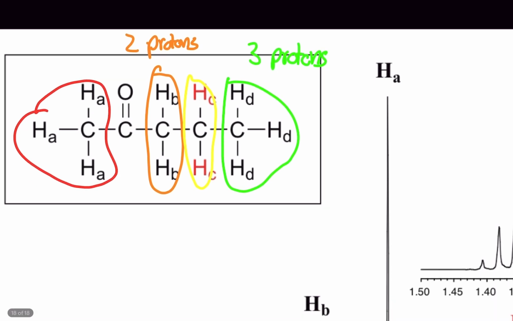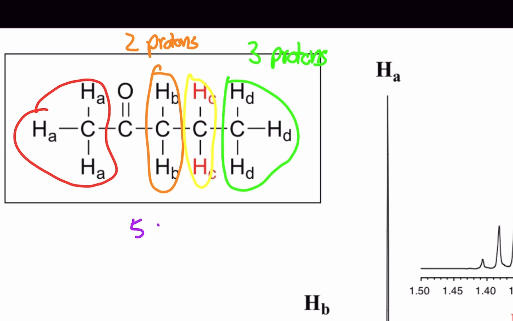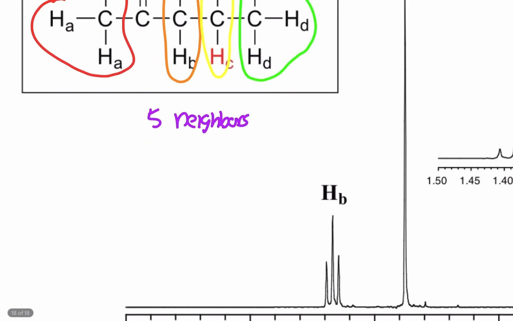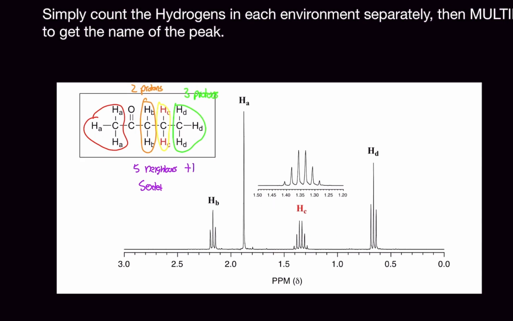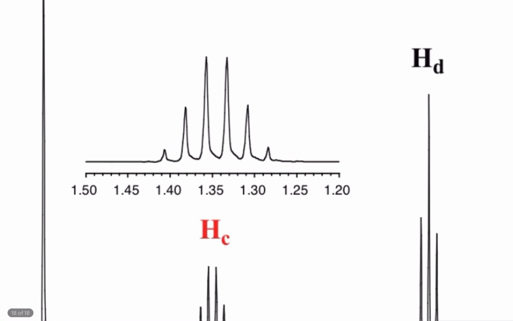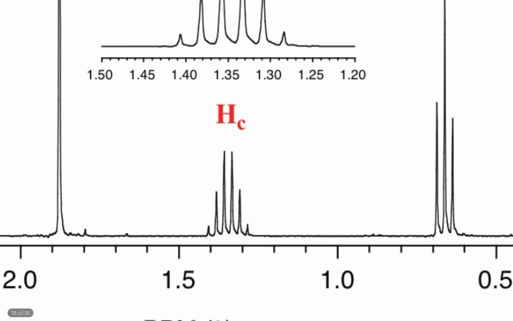And since we add 1 to that, that is a sextet. So we have 5 neighbors. This is a sextet, because we add 1. So we do see a sextet, 1, 2, 3, 4, 5, 6, for HC.